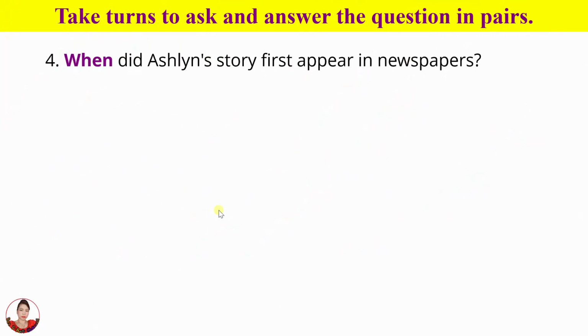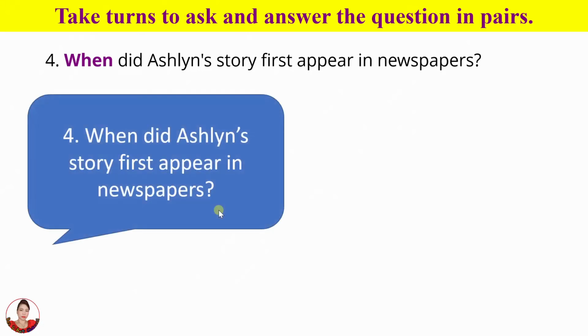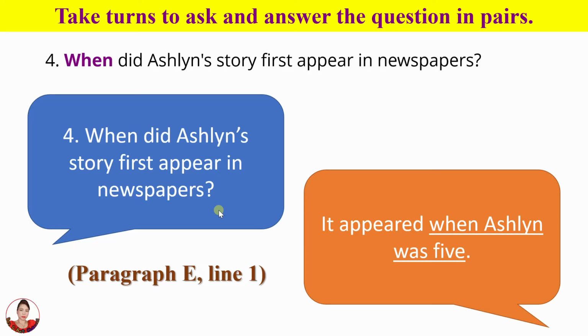Number 4. When did Ashlyn's story first appear in newspapers? It appeared when Ashlyn was 5, in paragraph E, line 1.